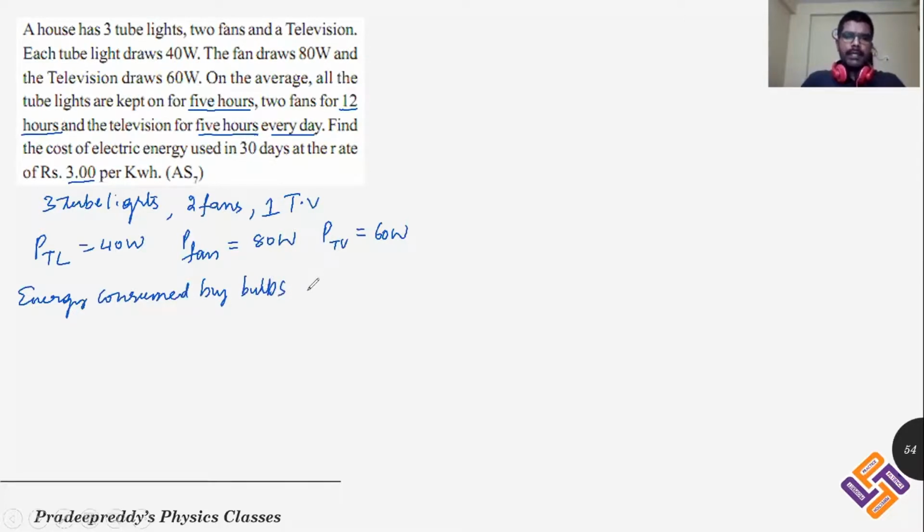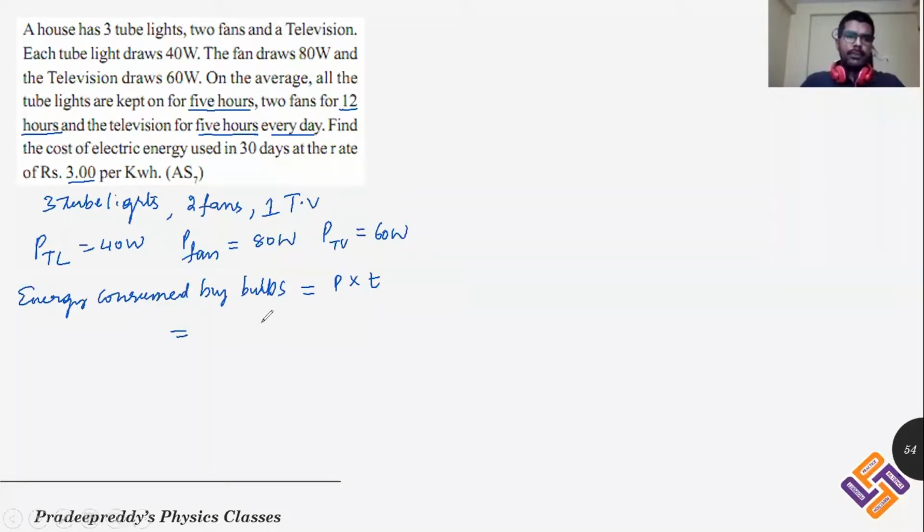Energy consumed by the bulbs is equal to power into time taken, because power is work done by time. Therefore, energy is equal to P into T. Power consumed by the bulbs: all the tube lights are kept on for 5 hours.